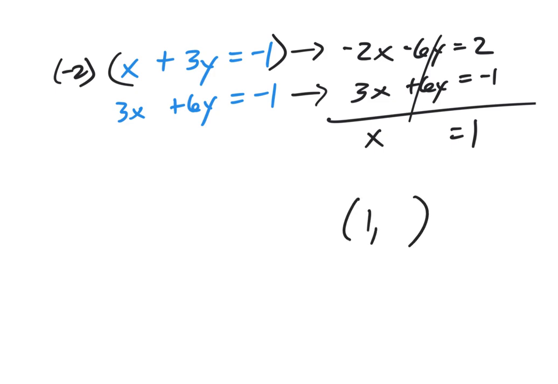Put 1 in for x in our ordered pair. Pick one of the two originals. I'm going to use the first one. One plus 3y equals -1. I'm going to subtract 1. Divide by 3.